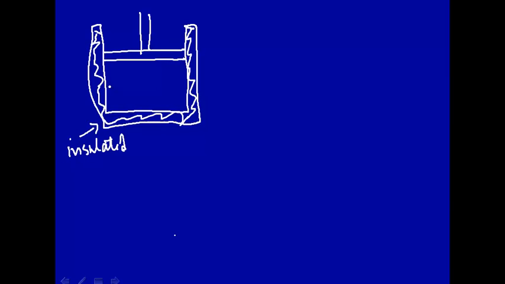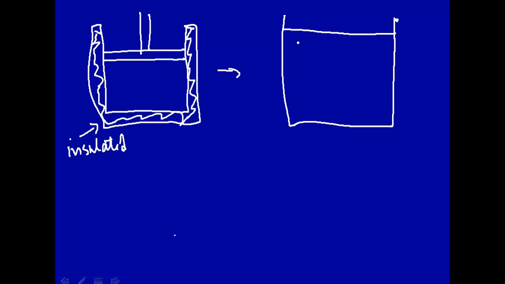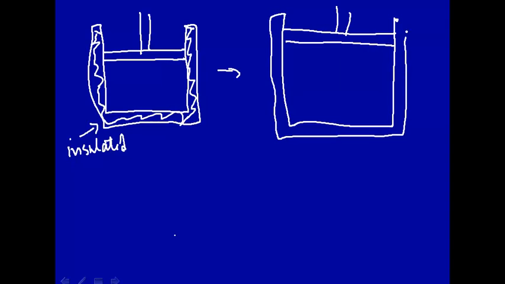We're going to start with that initial state, and what we're going to do is expand this gas to a final state in which the volume is increased. And again, this is insulated. And here's the insulation here. And this is adiabatic.